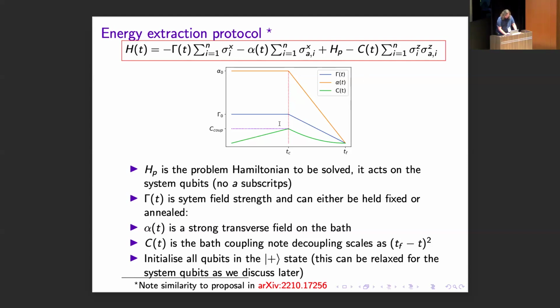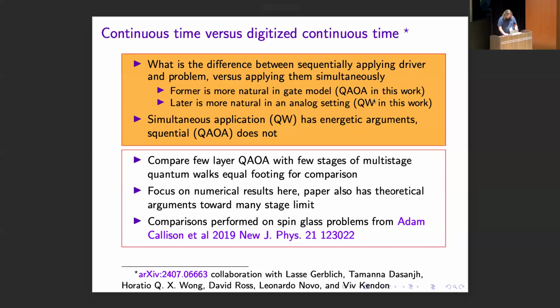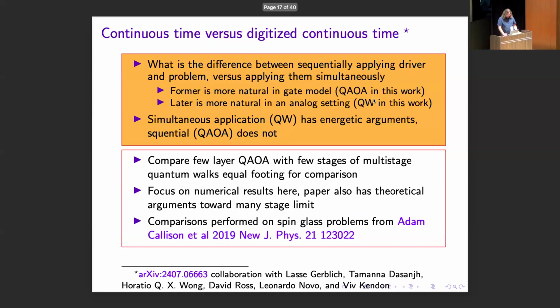When you turn that term on right there, that's when you can introduce energy into the system. But yeah, this is an interesting area to watch, but I don't have too many more results to show beyond what I showed in AQC.